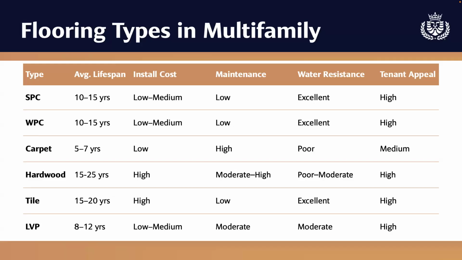I'm not sure if that's very pertinent, but it sure will absorb coffee stains very easily. You have medium tenant appeal on that. Hardwood is also very expensive to install. You get a great lifespan out of it, but it is costly, and maintenance is rather on the high end, not water resistant, high tenant appeal.